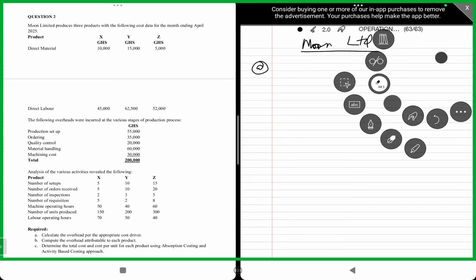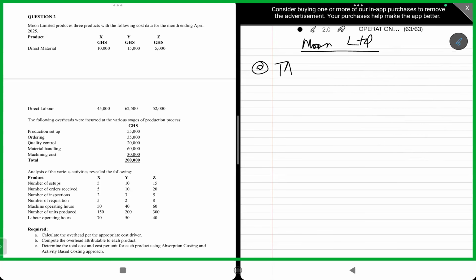In traditional absorption costing, there is mostly one activity level. It also has a cost driver. It is also called basis of apportionment.